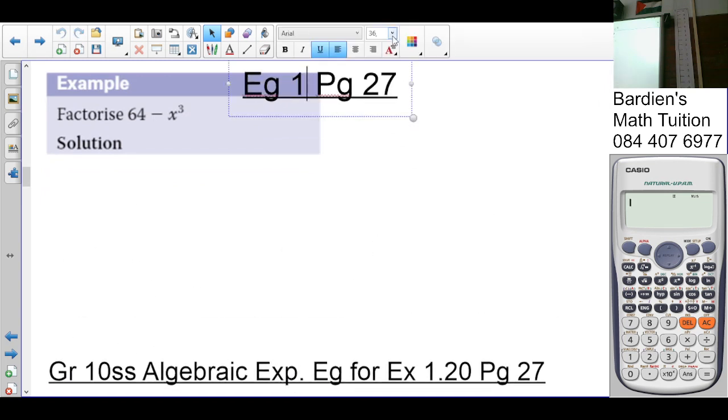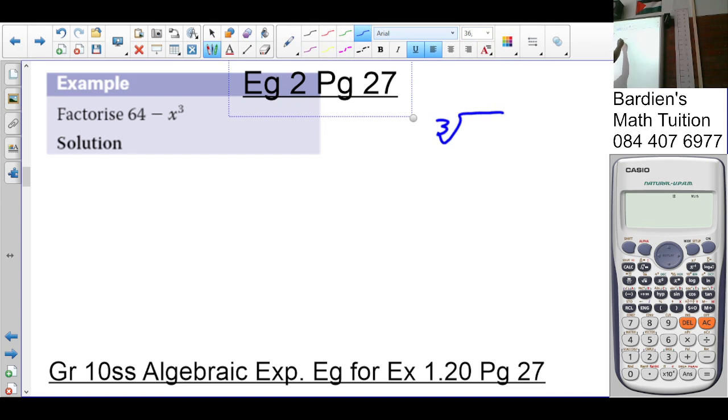This is example 2, and this is on page 27. Again, the question is to factorize. Okay. So the cube root of 64 is 4. The cube root of x cubed is x.